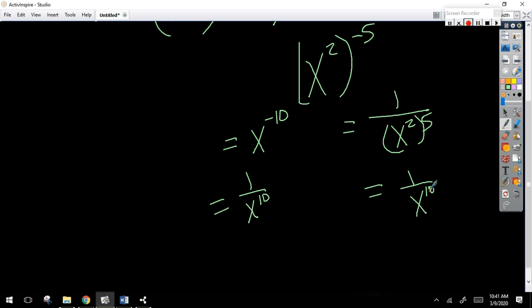You can do either way. Keep it simple. You can go to the left or to the right.